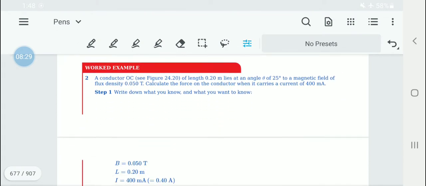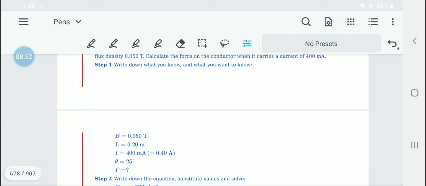So now let's look at the example here. A conductor OC, see figure 24.2, of length 0.2 meters lies at an angle theta of 25 degrees to a magnetic field of flux density 0.05 T. Calculate the force on the conductor when it carries a current of 400 milliamperes. First of all, we need to write down everything that we know.